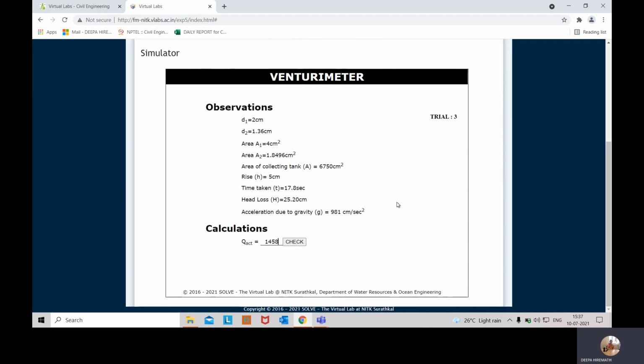Now I'm going to calculate Q actual, which was found to be 387.97, and Q theoretical was 463.8364. So now I'm going to calculate the coefficient of discharge as 387.93 divided by 463.8364, which equals 0.84.